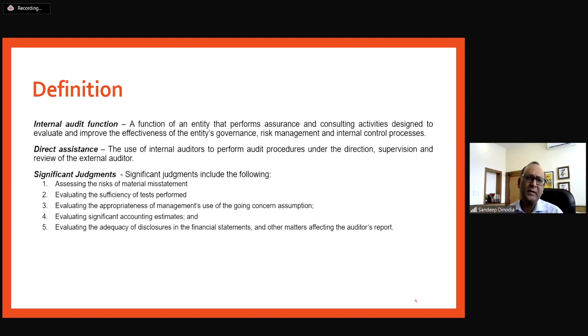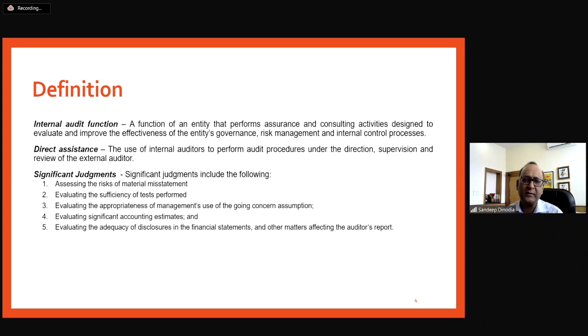Then there is another term now coming into this standard, which we will discuss in detail later: the internal auditor can also be used as direct assistance to perform audit procedures under the direction, supervision, and review of the external auditor. This is another adjunct of how this standard can be used.